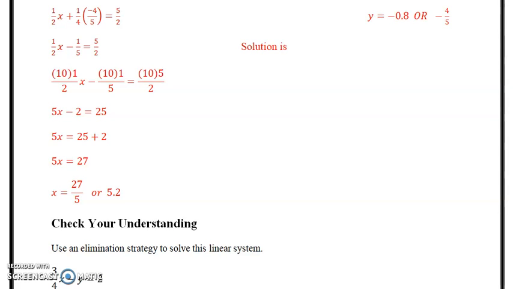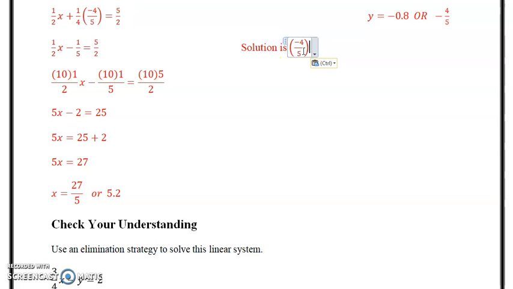So your solution, as a fraction, the fractional solution, which I don't mind, is 27 over 5, comma, negative 4 over 5, right?